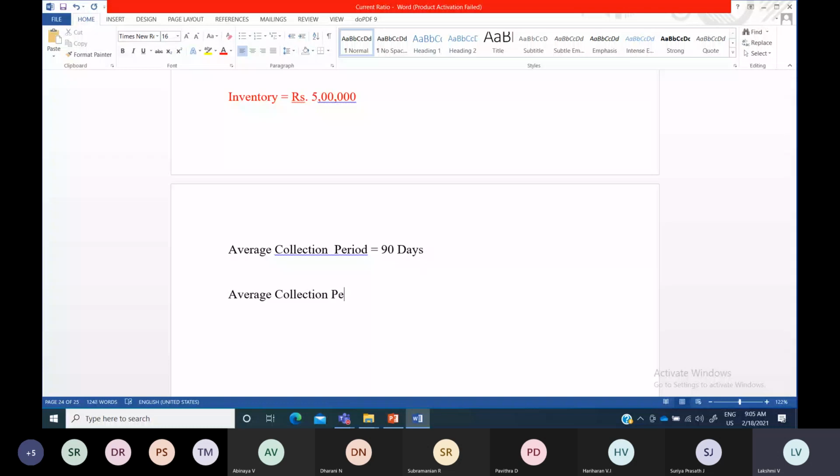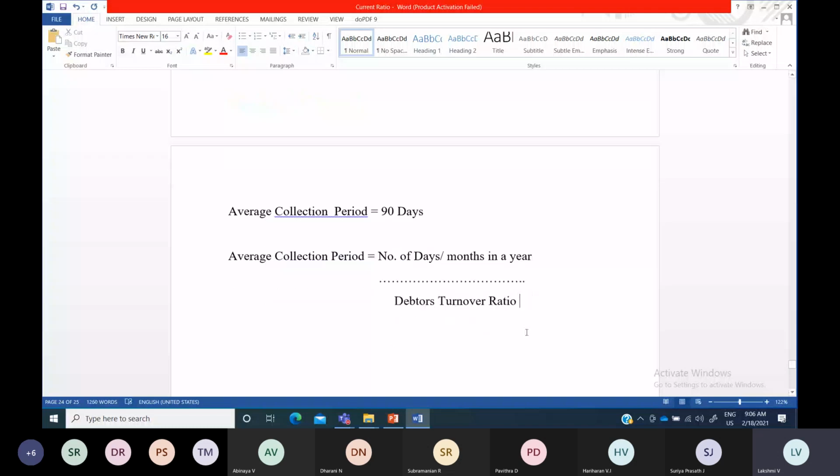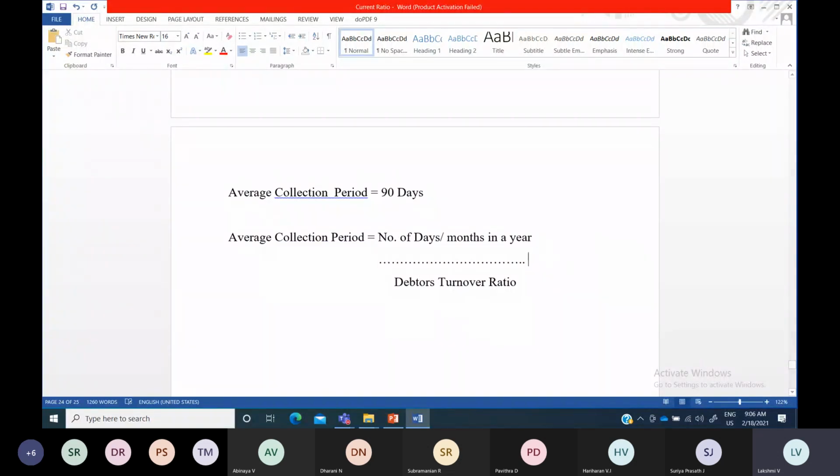Okay, average collection period formula is number of days or months in a year divided by debtors turnover ratio. Okay, so this is the formula for that, and they have given us 90 days.